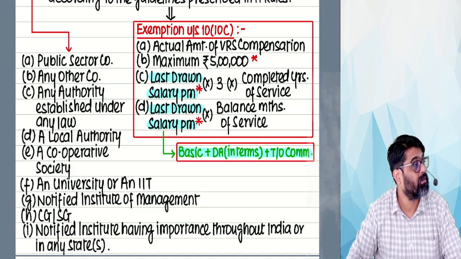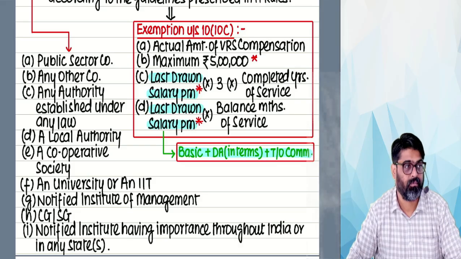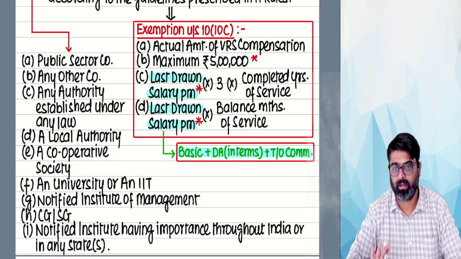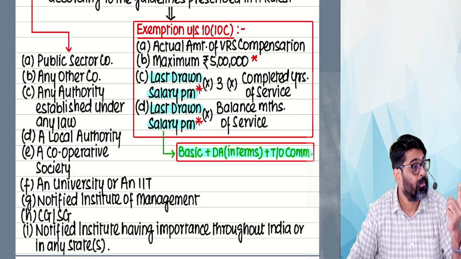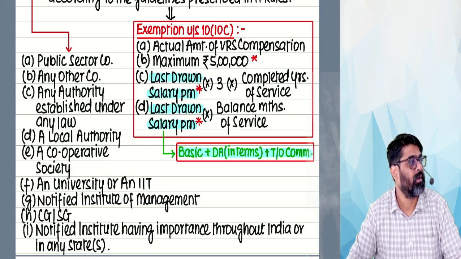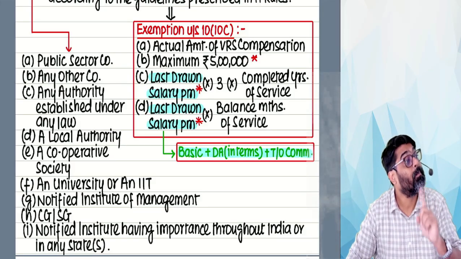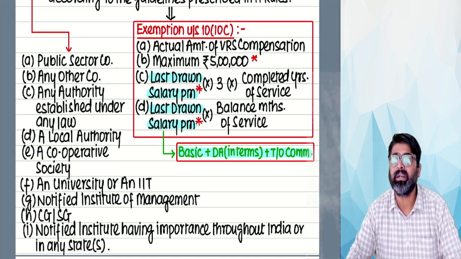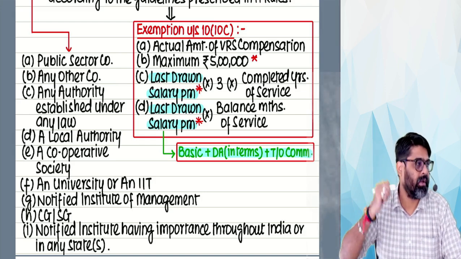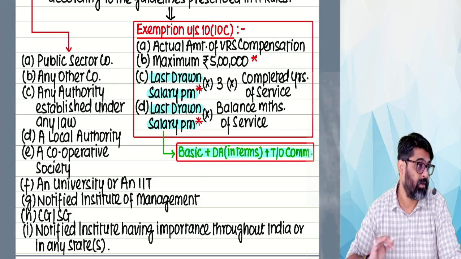But some public limited companies are in private sector, like Reliance. Reliance is also a public limited company, but it is not a public sector company. It is a private sector company, because the majority shareholding is not with the government, it's with private individuals. Getting my point?